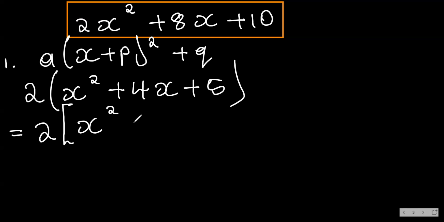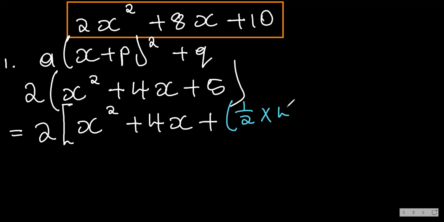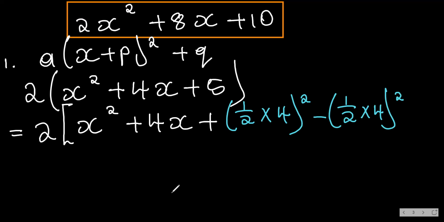We take the first 2 terms exactly as they are. Then we take half and we multiply it by the coefficient of x. We square it. If we add it, we need to subtract it as well, so that we don't change the nature of the expression. And the 5 is still there.